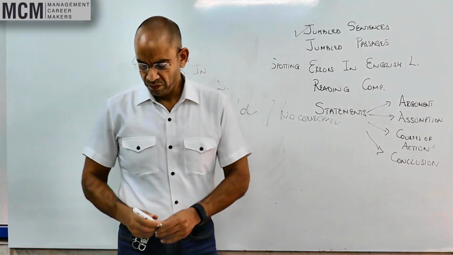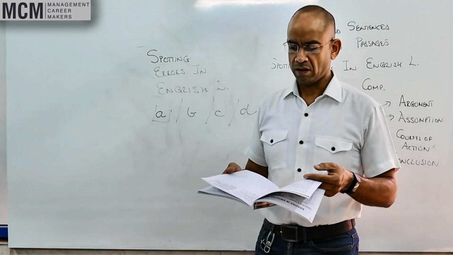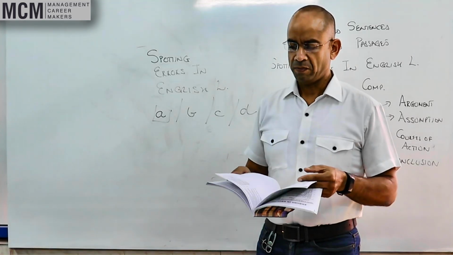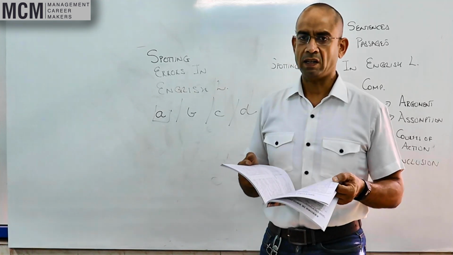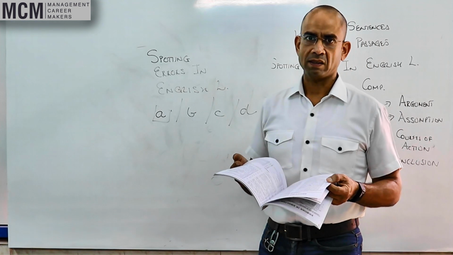At MCN, we have devised for you, on page number 54 right up to page number 67, a quick revision of English grammar. So please go through this at your own time and pace before you actually attempt the spotting errors questions that start from page number 68.